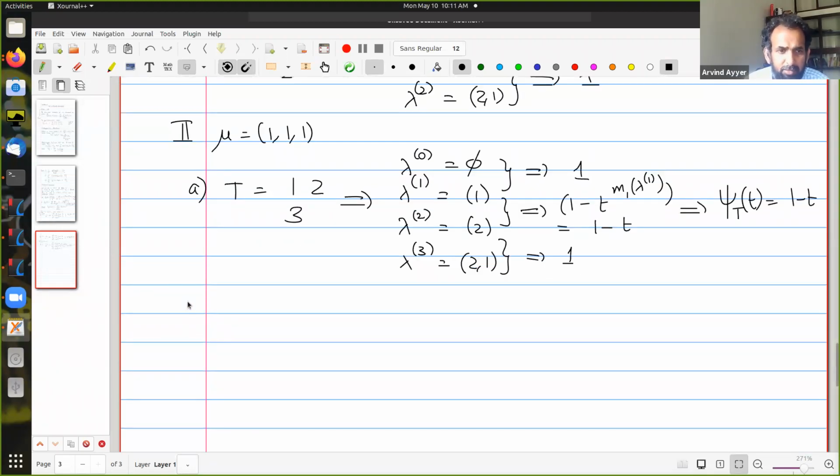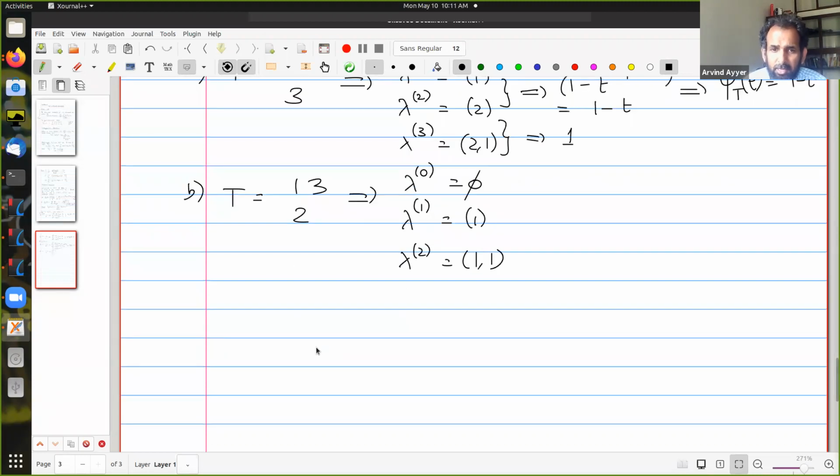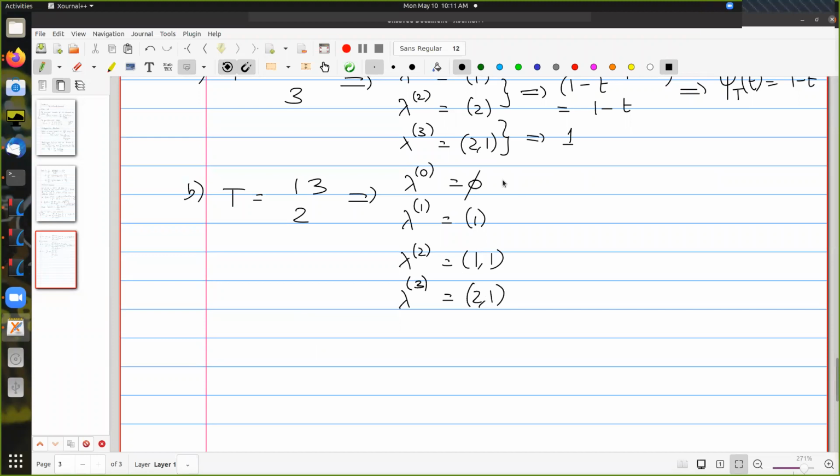And I leave it for you to do the computation. I'll just start it out. I'll write it maybe a little faster. So lambda naught is phi, lambda 1 is 1. Now lambda 2 is 1, 1, because 2 is added over here. And lambda 3 is 2, 1, as always. And here you will get a contribution of 1.